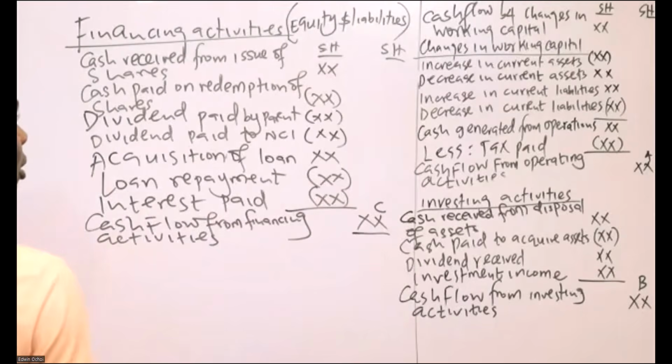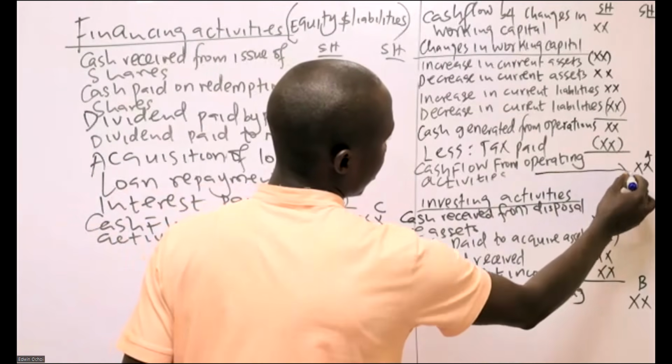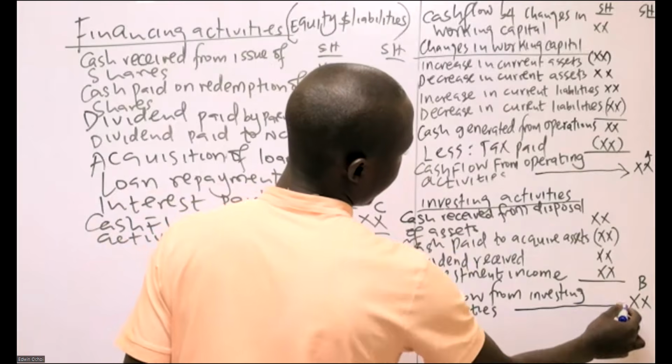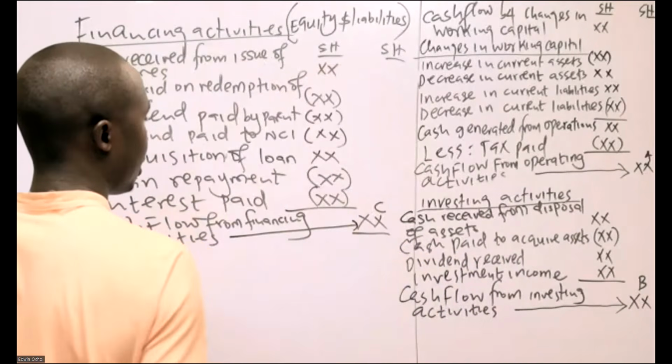So remember that A was the one from operating, B was the one from investing, and C is the one for financing.